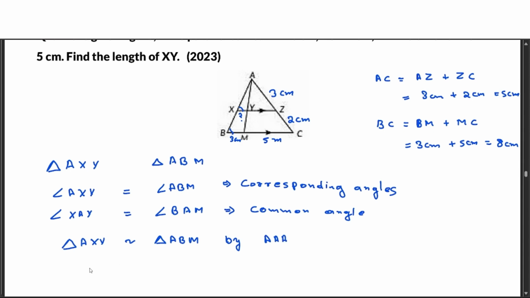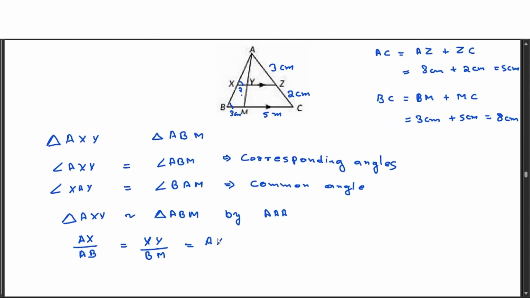Now hence you can say therefore their corresponding sides ratio are also equal. So you can say AX over AB is equal to XY over BM is equal to AY over AM. Okay, so now you have got this one.